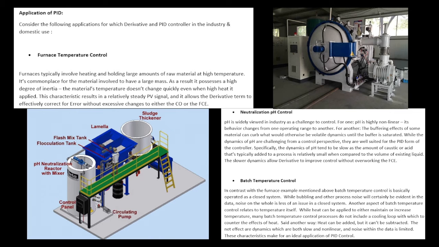At the bottom left corner, we can see an example of a pH neutralization reactor. This helps to balance the pH of acidic liquid, from low pH to high pH. This will help in industries such as making some materials or some food.